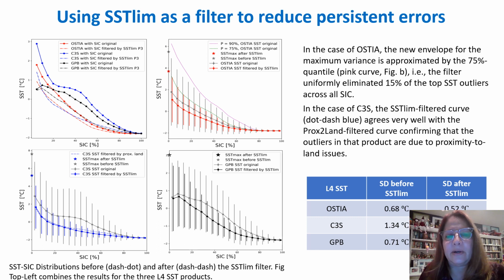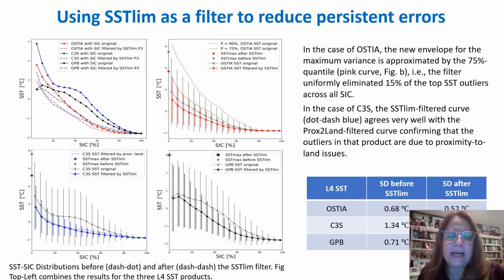Here with Ostia, the plot before the filter was bounded by the 90th percentile, whereas after the filter application it is bounded by the 75th percentile, which means that the filter was able to remove the top 15% outliers evenly across all the sea ice concentration bins.